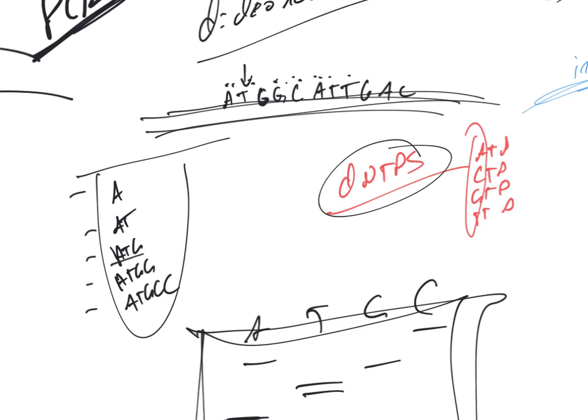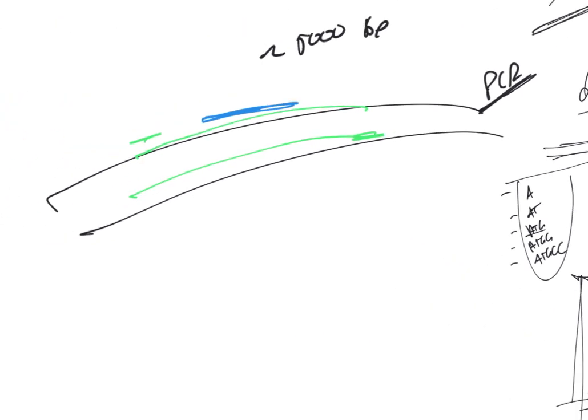So I just add A, T, C, and G. That's normal PCR. But in sequencing, I want to make fragments, from point A to point B, of every little piece. So I'm going to use ddNTPs.